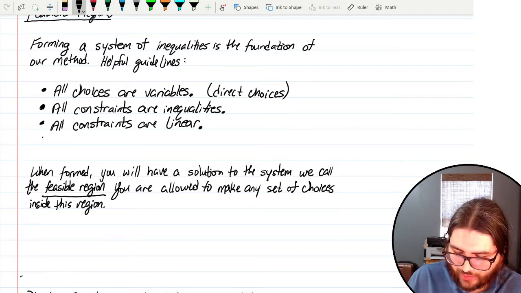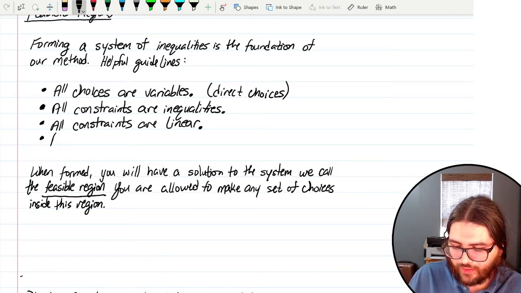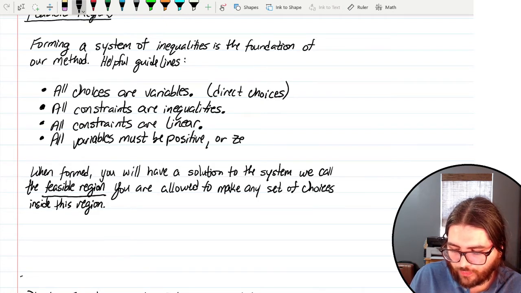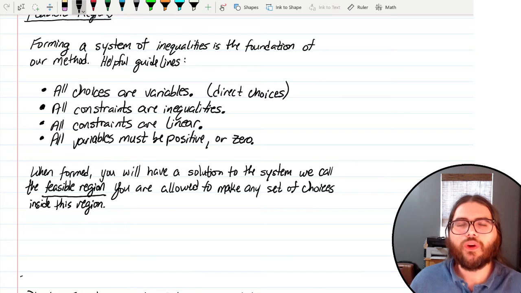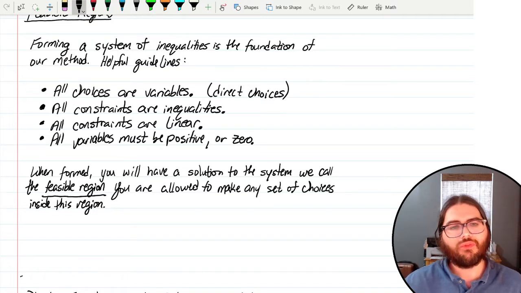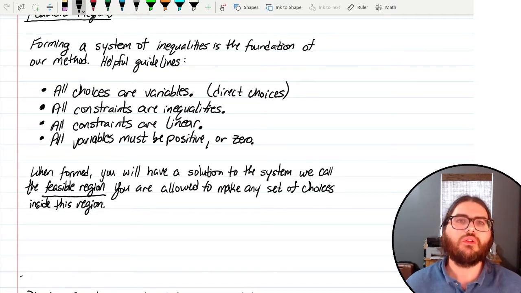Okay, so these have to be linear constraints, and all the variables must be positive or 0. I know I could have written that all variables must not be negative, and you see how not being negative is the same thing as being positive or being 0, but I prefer to write it out like that.